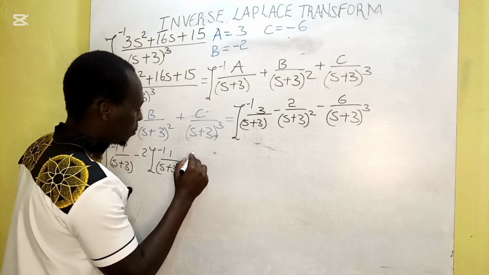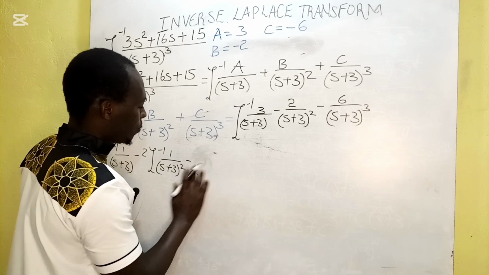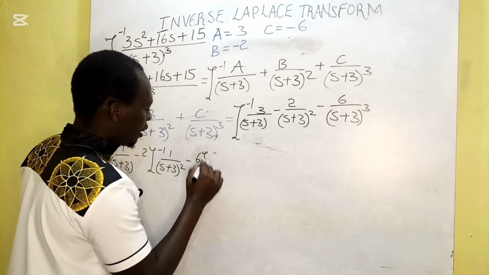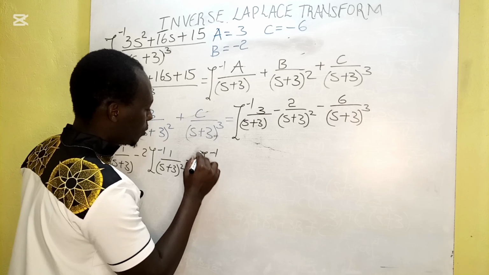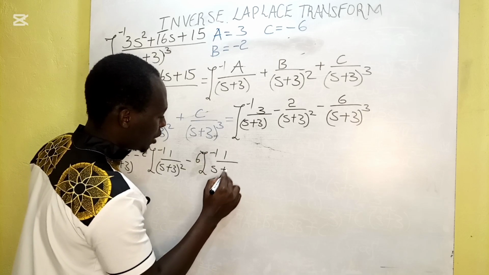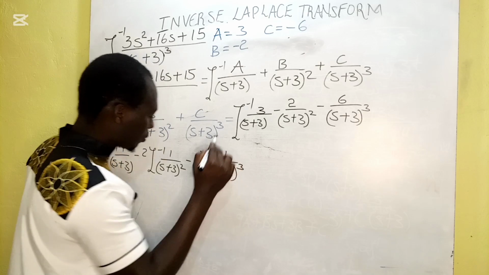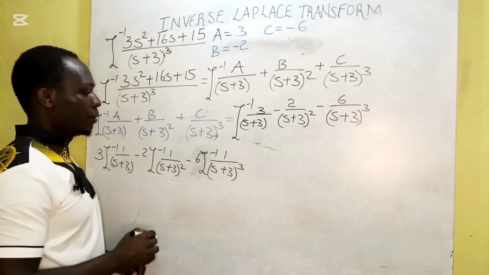We come and subtract from the inverse Laplace, 6 times the inverse Laplace transform of 1 all over s plus 3, everything raised now to a power of 3.